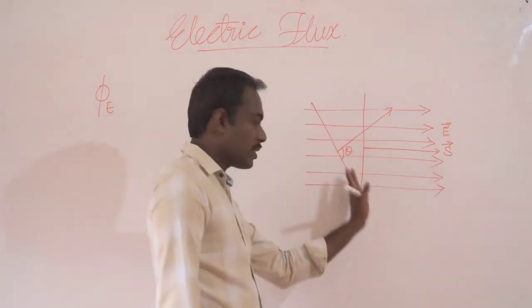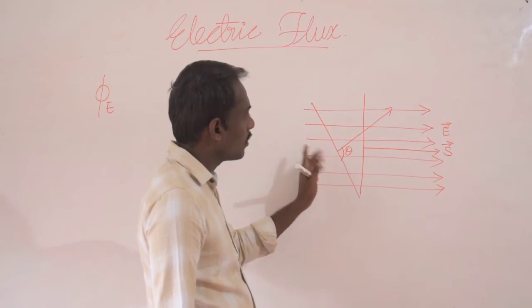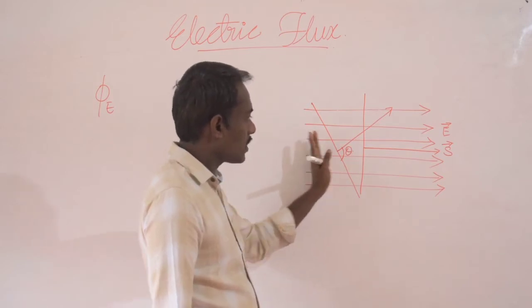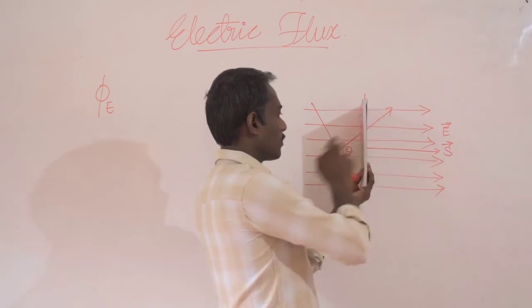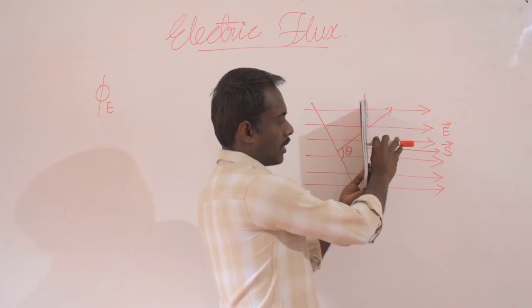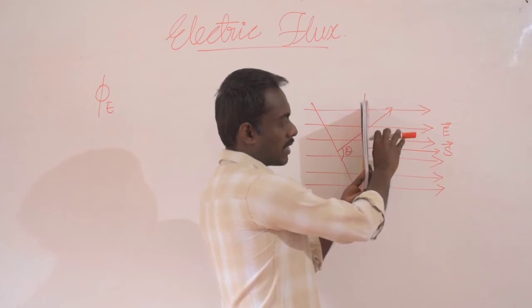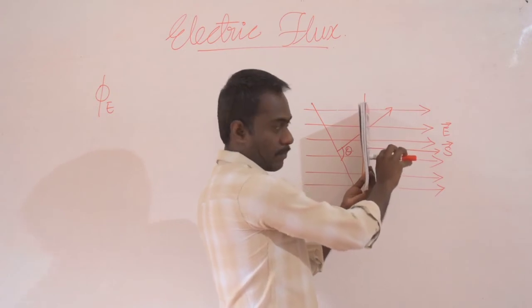When this area is tilted, the number of electric field lines crossing that surface area will be less. Before tilting, the direction of the area vector and the electric field lines are the same.